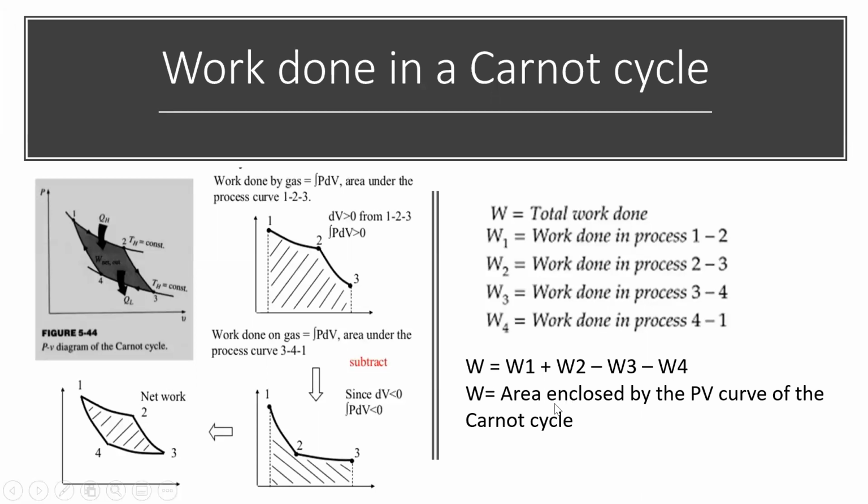So what remains is the area enclosed by the PV curve of the Carnot cycle. So out of this whole area, if we subtract these areas, what we get back is the area enclosed by this cycle. So this shows the work done in a Carnot cycle.